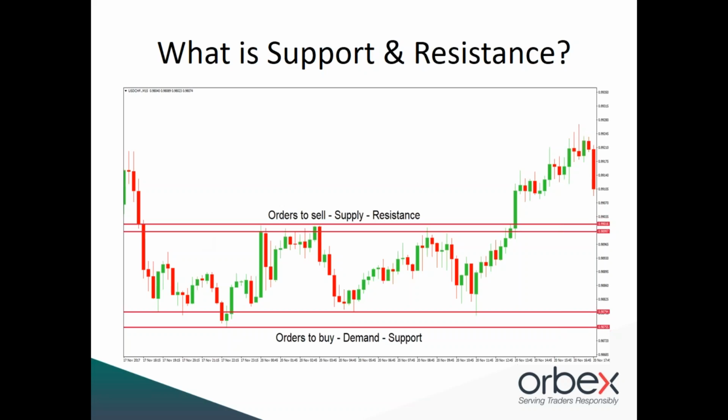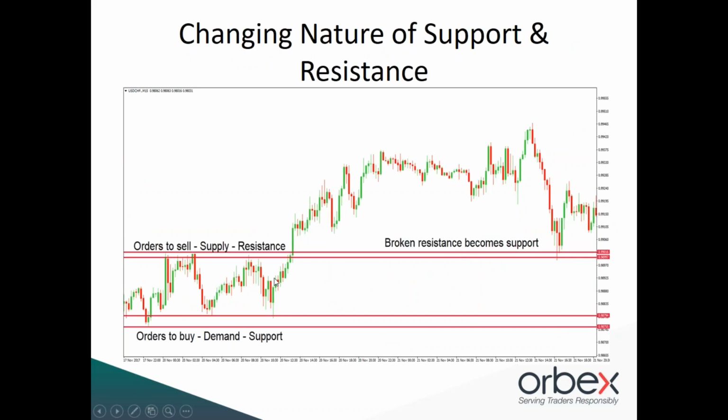So once support is broken, when it's retested from below, it will typically change to resistance. And when resistance is broken, once retested from above, it will typically change to support. So if you look at this scenario here, let's think about what's happening. Price is caught up in this really clear range situation.